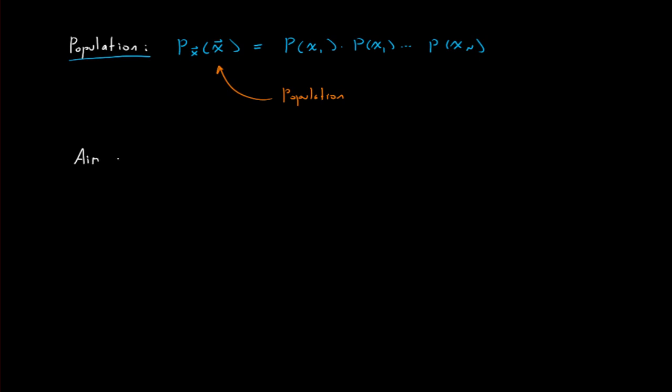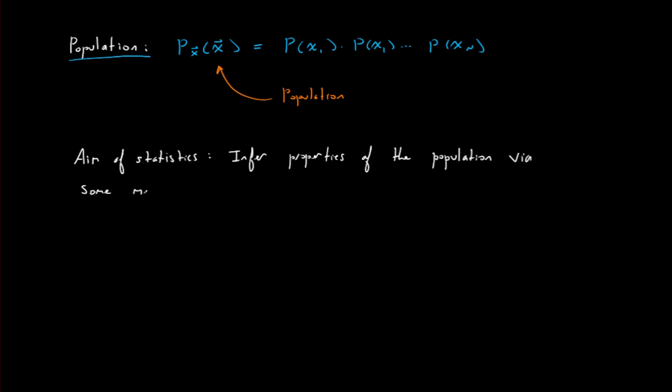But here we say, what is the aim of statistics? The aim of statistics is to infer properties of the population via some measured samples.